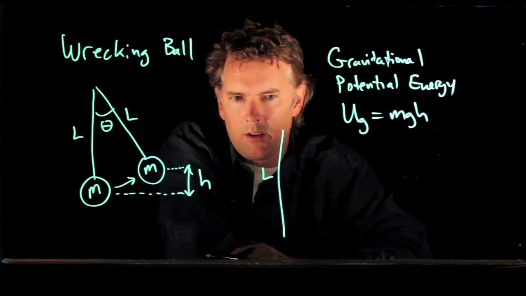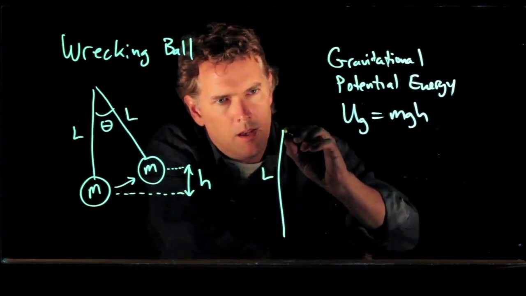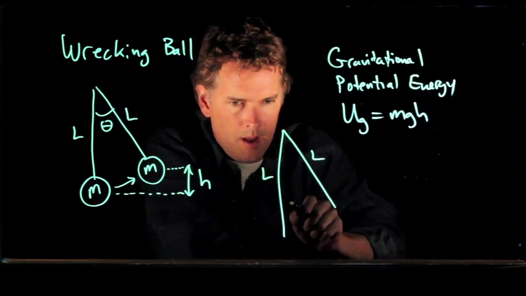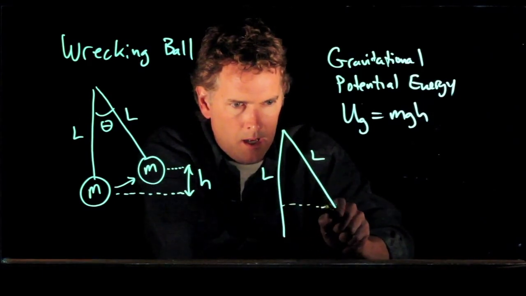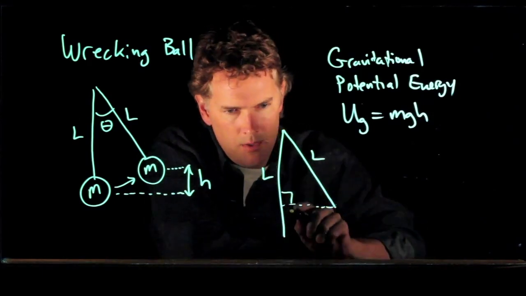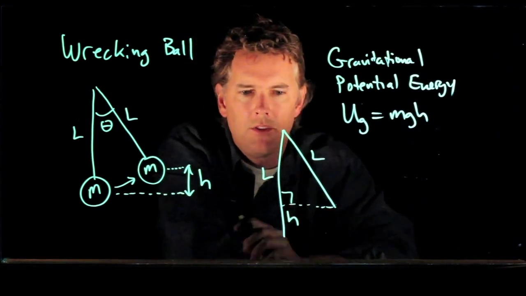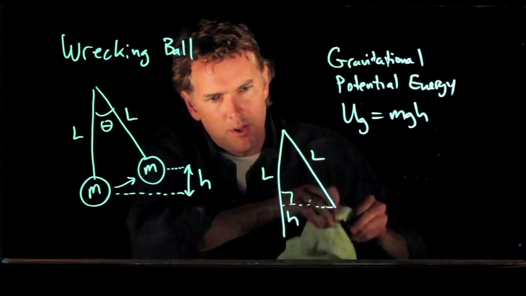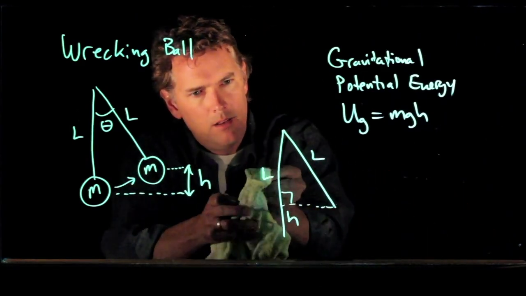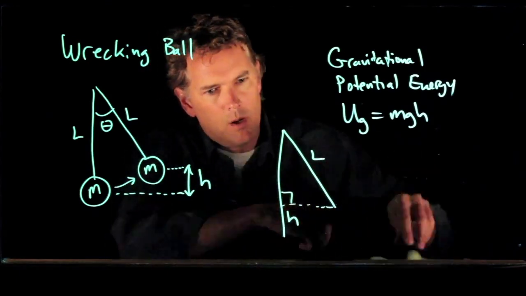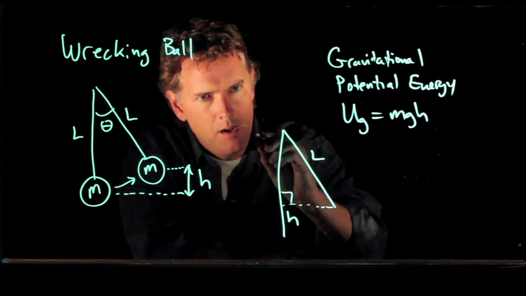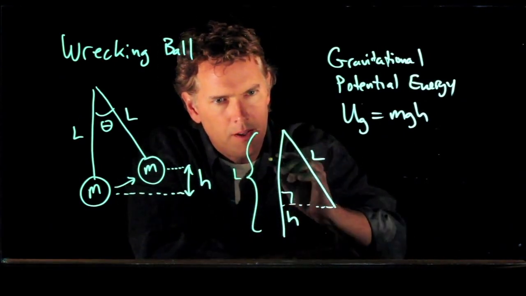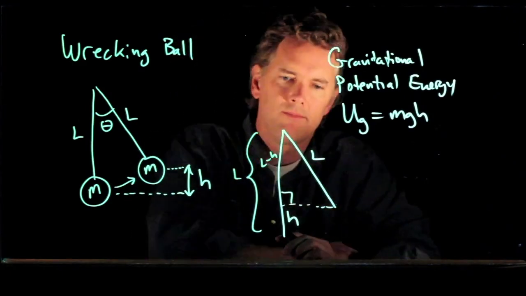That side of the triangle is L. If I draw that, we said that is also L. And if I draw a right angle right there, then this is h, that little bit that's sticking out. Okay. This whole distance, though, was L. Right? The whole distance here was L, which means that this little distance is L minus h.